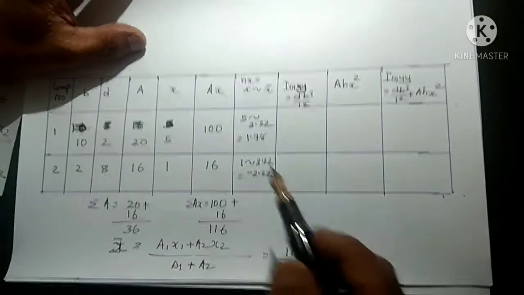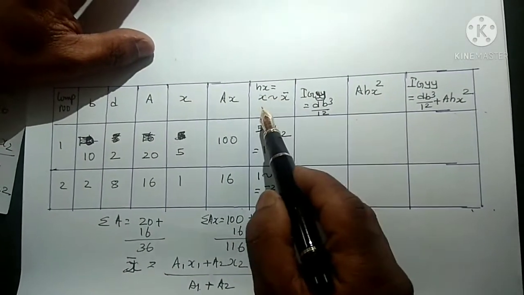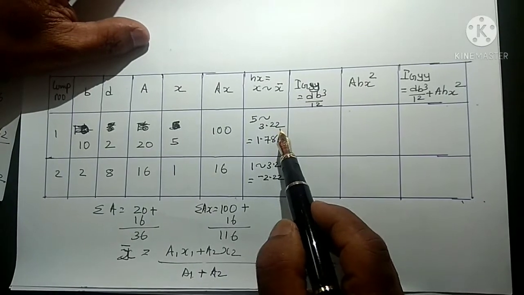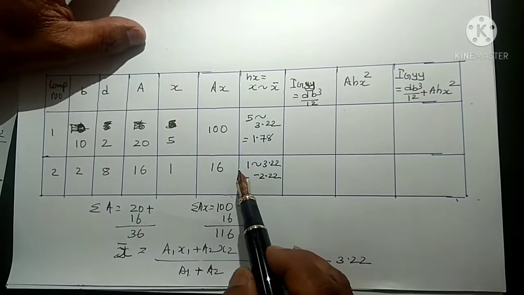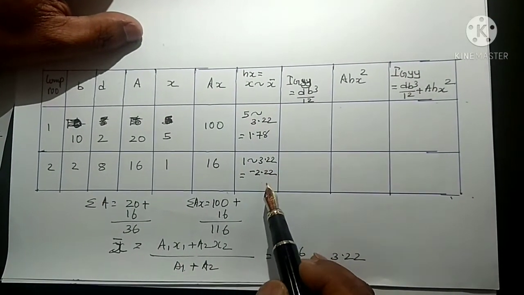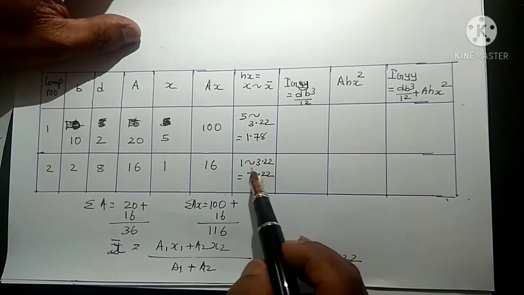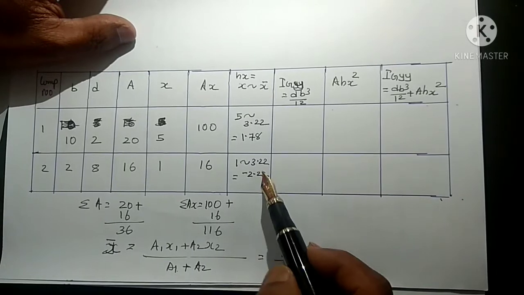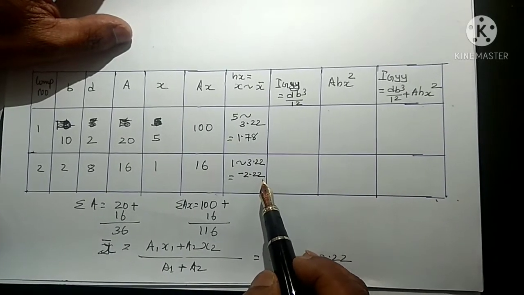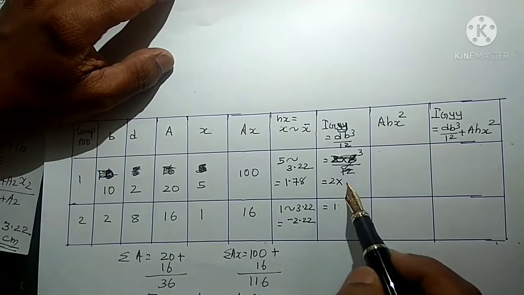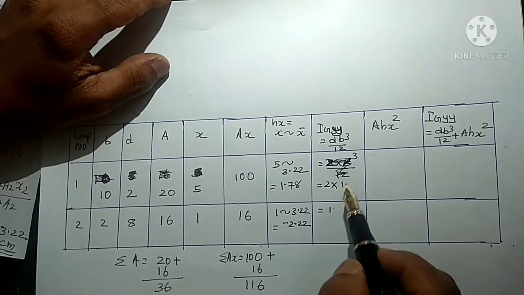Right? So here Hx is equal to X minus X bar, that is 5 minus 3.22, and for the second component it is 1 minus 3.22. So here the value is minus 2.22.